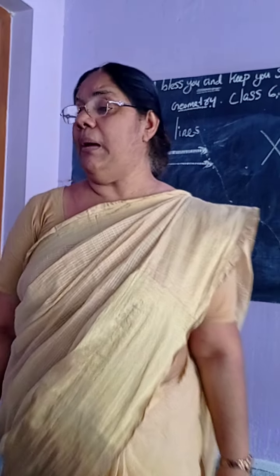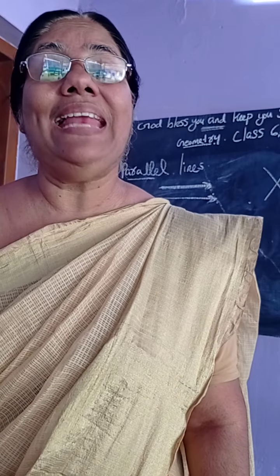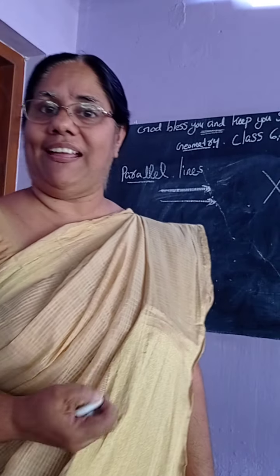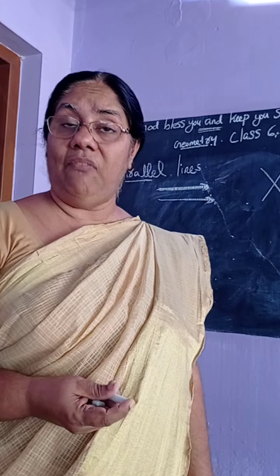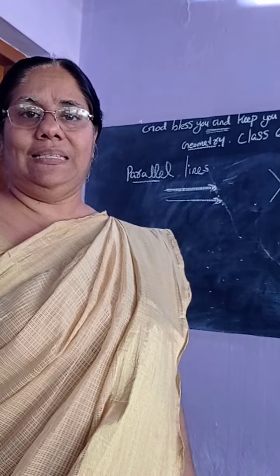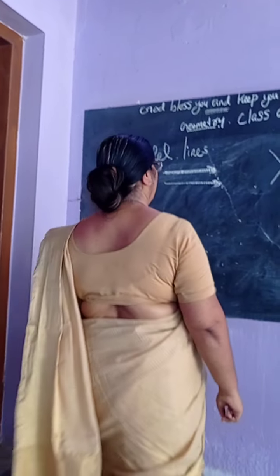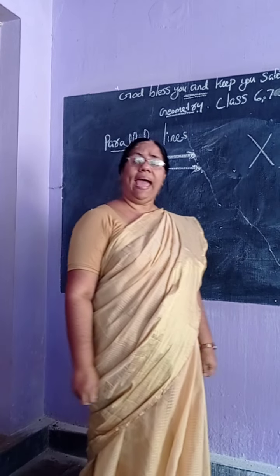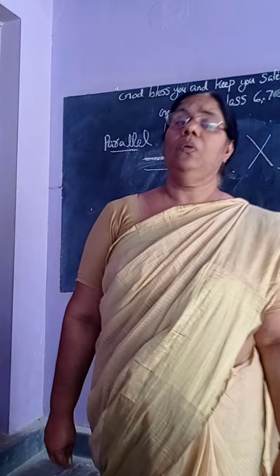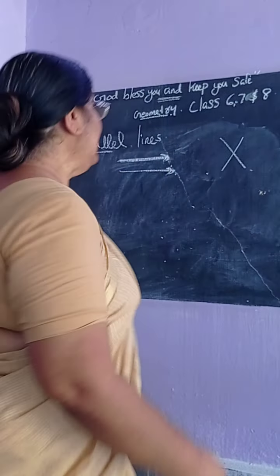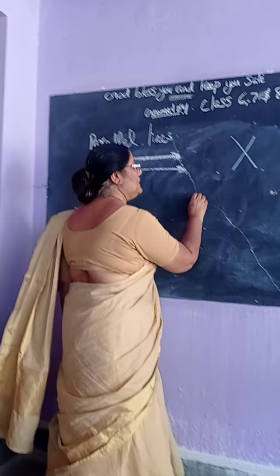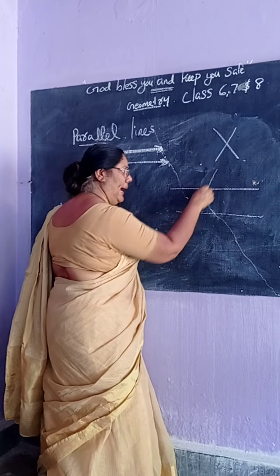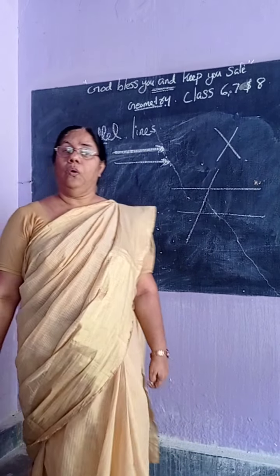Can you say one example of parallel lines? The rails of a railway track, isn't it? The rails of a railway track are the best example of parallel lines. They do not meet. After drawing these parallel lines, we can draw another line passing through them.